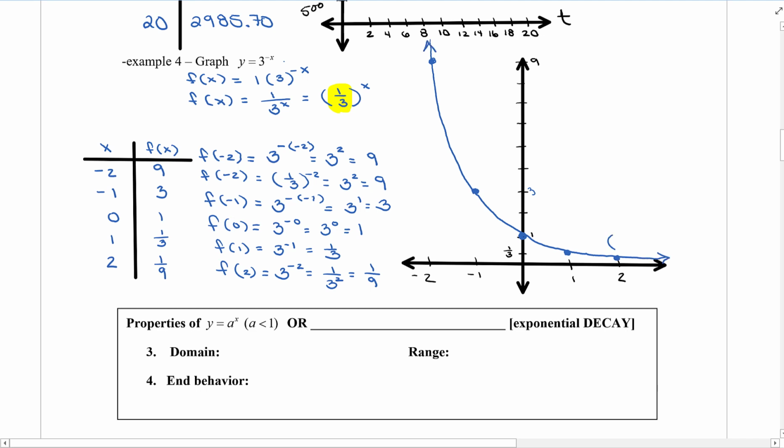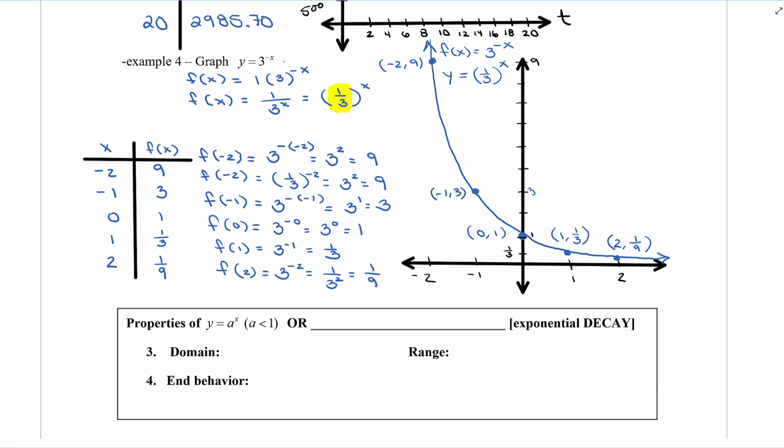I'm going to label each one of the points with its corresponding ordered pair. And I'm also going to label this function with its equation, f of x equals 3 raised to the -x power, or we could also use the equation y equals 1/3 raised to the x power if we wanted to.